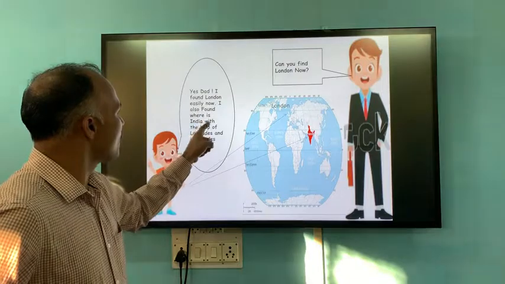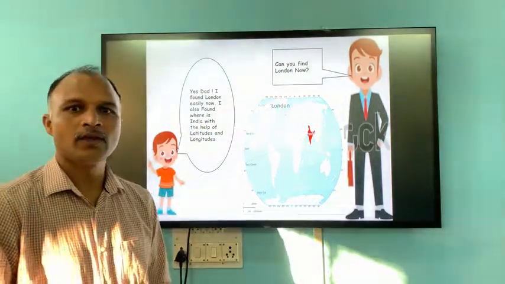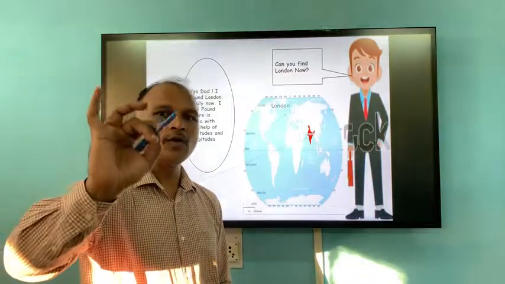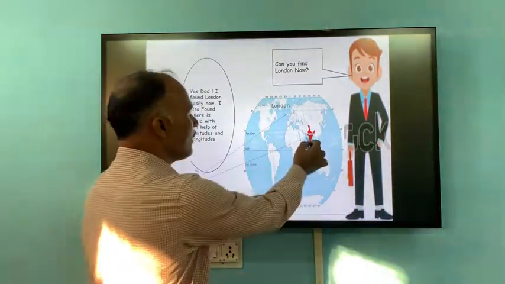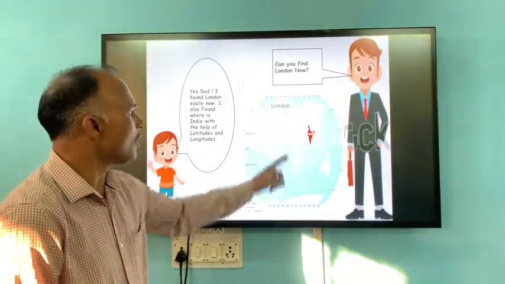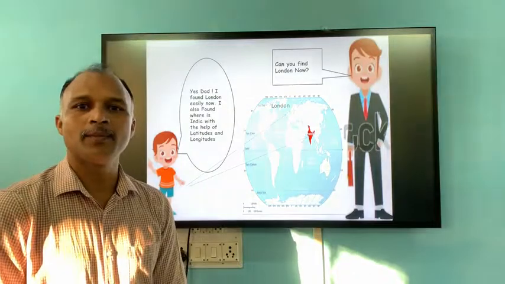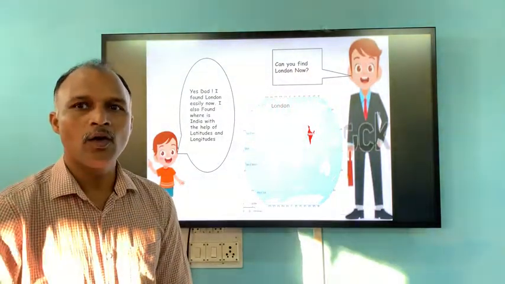He also found where India is with the help of latitude and longitude. He found the latitude and longitude of India and searched for India on the map. He also searched for London on the map with the help of latitudes and longitudes.